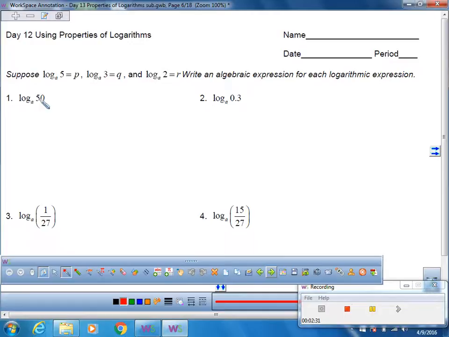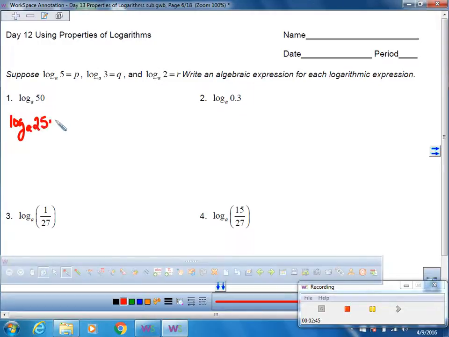So the 50, we just changed it to 25 times 2, which made log base A of 5 squared, plus, using that product property, log A of 2.